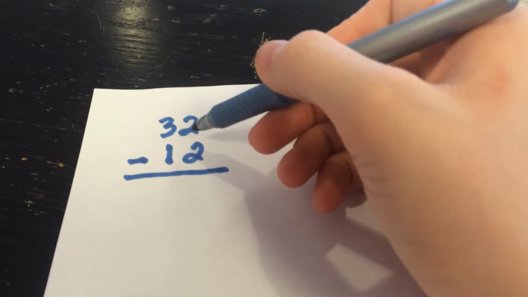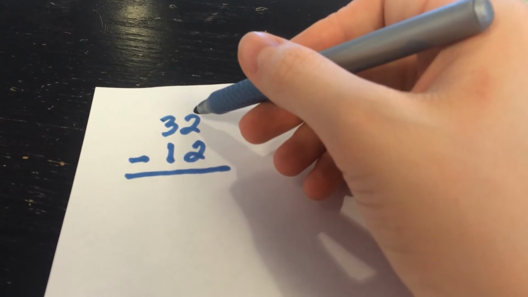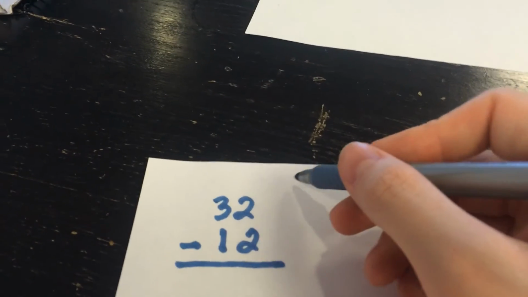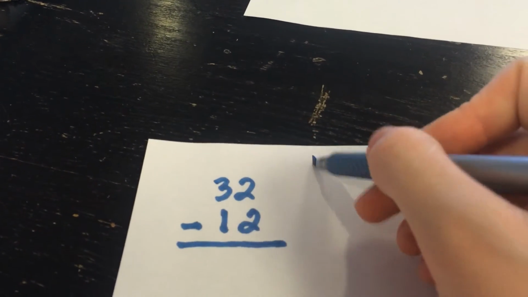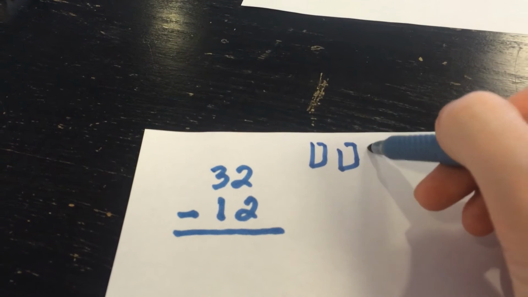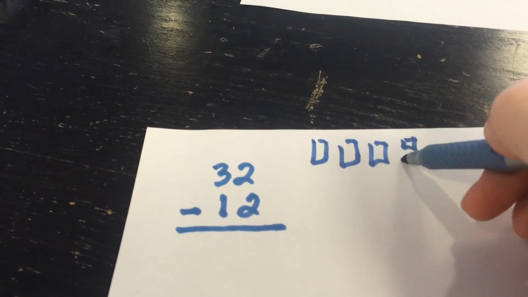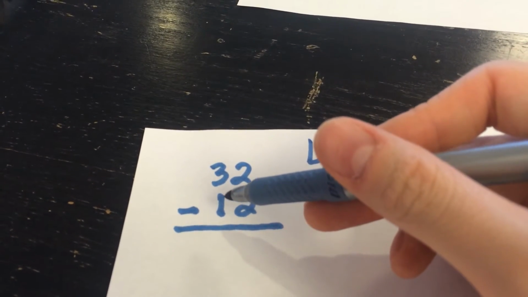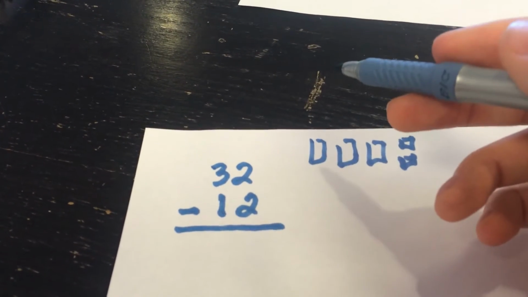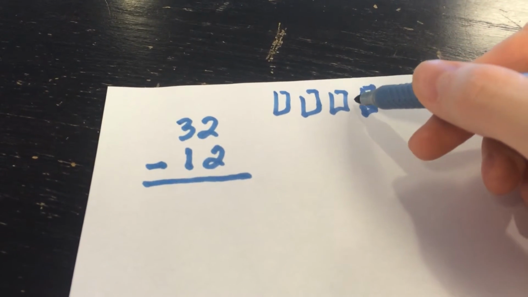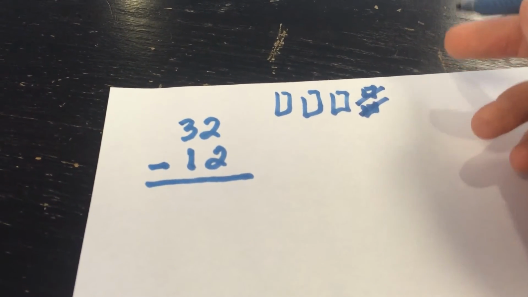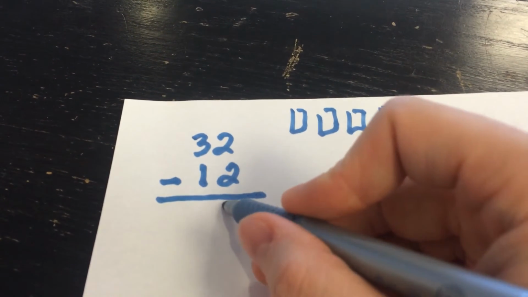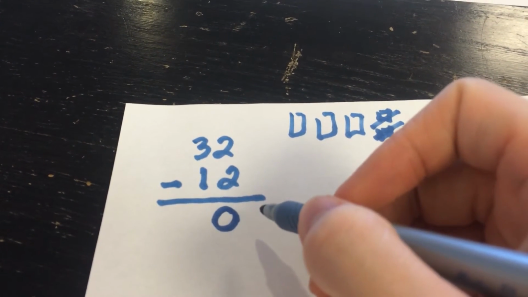Well, first we have two numbers in the ones place. So we have essentially 3 rods and 2 miniature cubes. And we want to take away 1 rod and 2 mini cubes. This is pretty easy. We're going to subtract the 2 mini cubes. So those are gone. And we're going to mark down here in this place that we have 0 mini cubes.